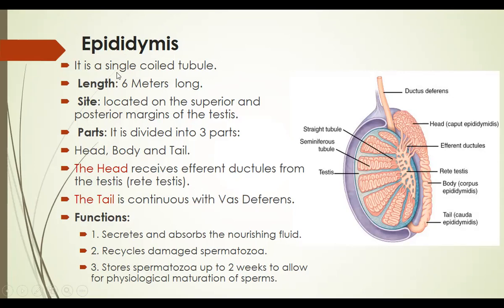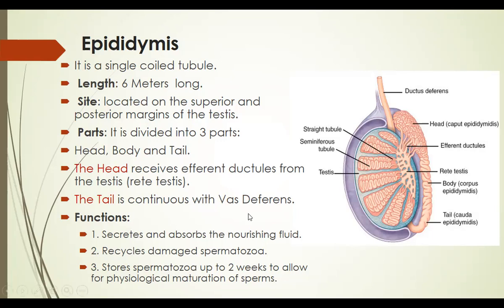Functions of the epididymis. What are the functions of the epididymis? Why is there an epididymis? One is it secretes and absorbs the nourishing fluid. So it will secrete the nourishing fluid which is necessary for the survival of the sperm. So it is responsible for the viability as well as the nourishing of the sperms.